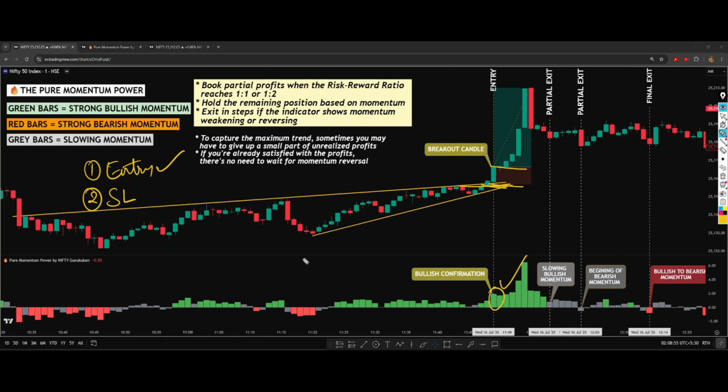And the next step is, as soon as you achieve risk reward ratio of 1:1, you should book some profit. Why? Because we are in the markets for profits, and the market has respected our stop loss and given 1:1 risk reward ratio. That means you have to book some profit as the risk reward ratio reached 1:1.